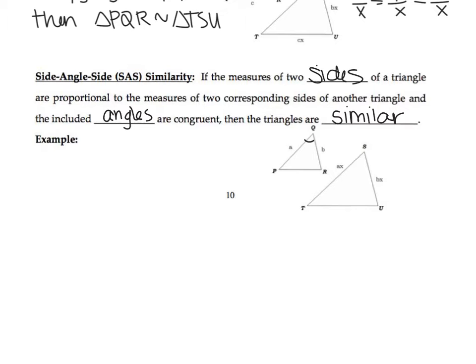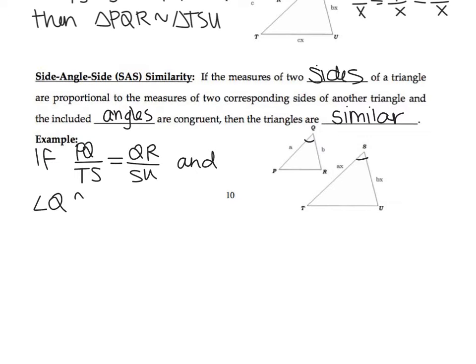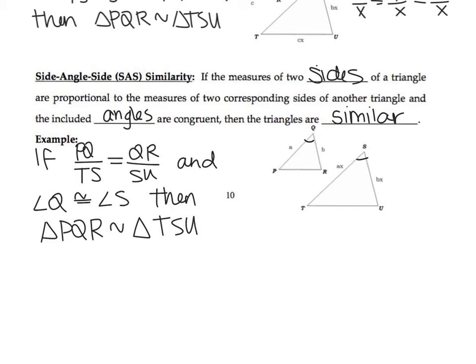So for our side-angle-side similarity statement, we would want Q and S to be congruent. So we would have that if PQ over TS equals QR over SU, and angle Q is congruent to angle S, then we can say triangle PQR is similar to triangle TSU.